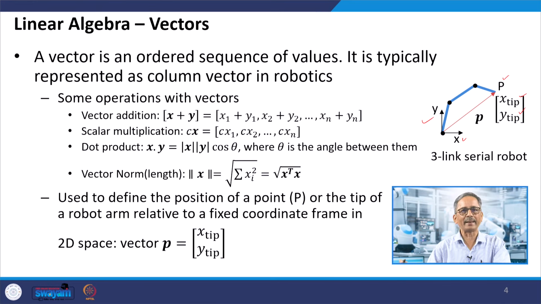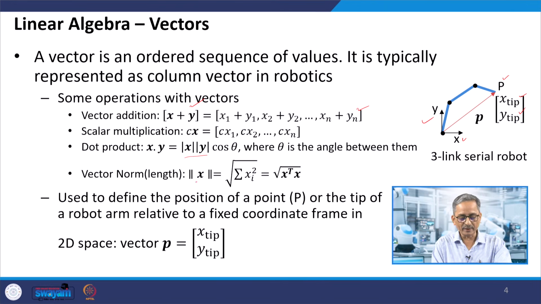Some of the basic vector operations, as you might have studied in your earlier classes, are vector addition, where we sum two vectors by adding up the individual components of the two vectors; scalar multiplication, where we multiply all the components of the vector by a scalar; and the dot product, which we define as the magnitude of the two vectors times the cosine of the angle between the vectors.